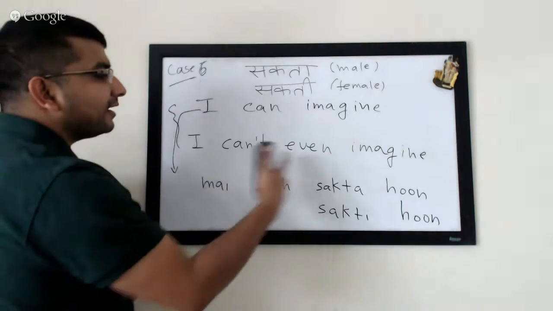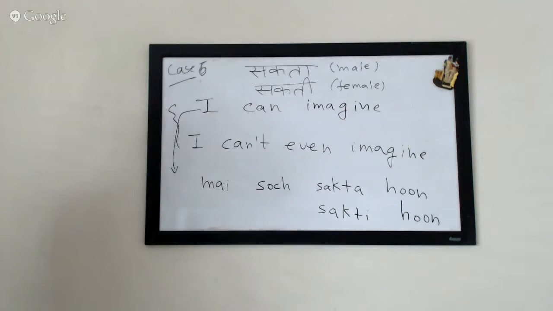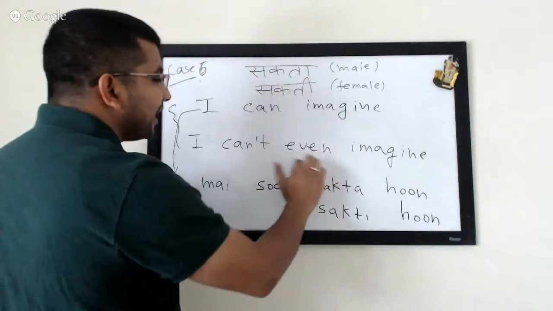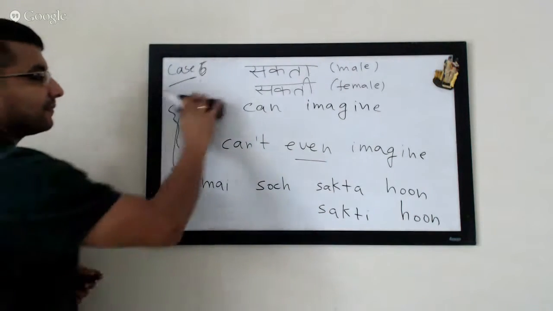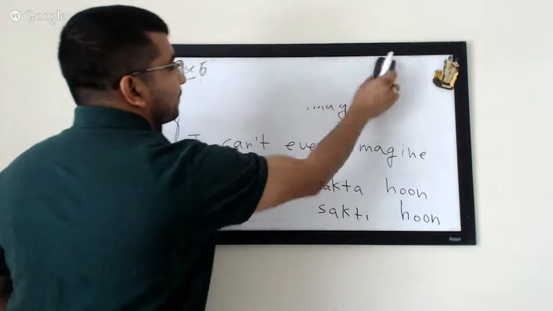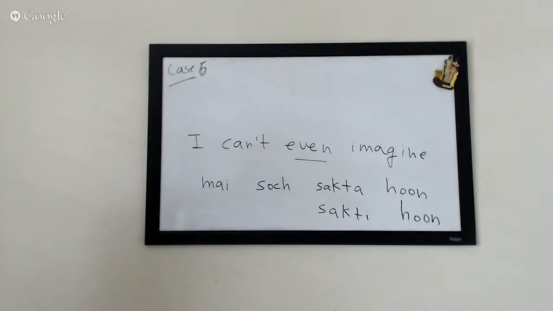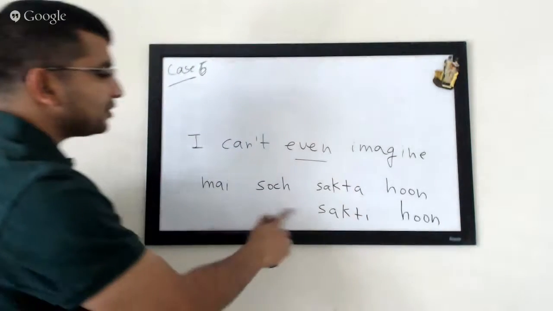What about this one? I can't even imagine. I think you start with this one. I can't imagine, and then we'll figure out how to say even. I can't imagine. Okay, very good. मैं नहीं सोच सकती और मैं सोच नहीं सकती.